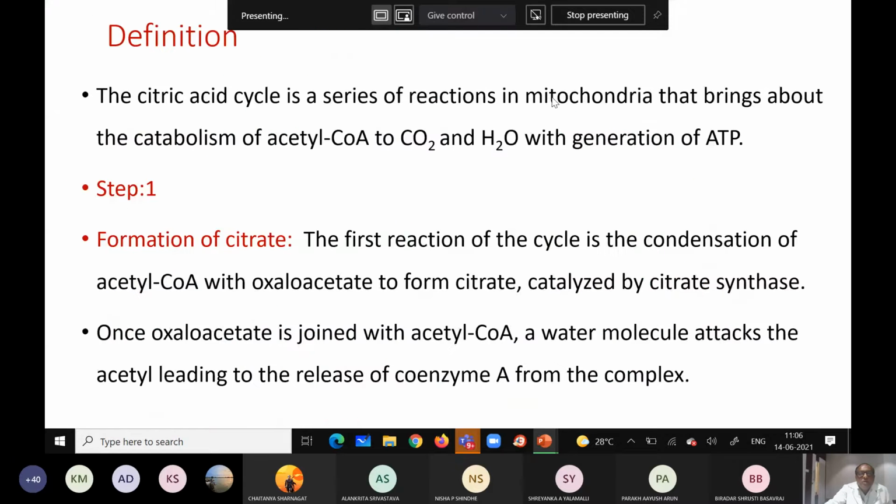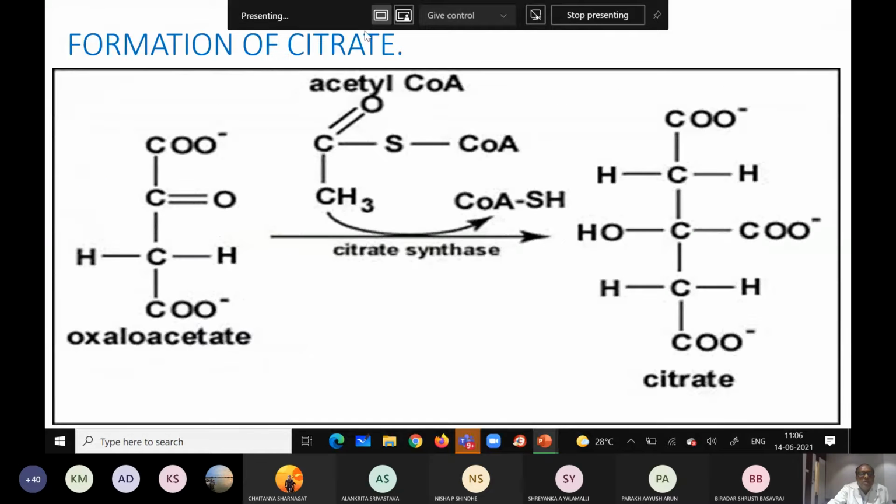Once oxaloacetate is joined with acetyl CoA, a water molecule attaches to the acetyl, leading to the release of coenzyme A from the complex. You can see the reaction here. Oxaloacetate, the end product of the reaction in the circle, moves with acetyl CoA, and in the presence of citrate synthase, it forms citrate.